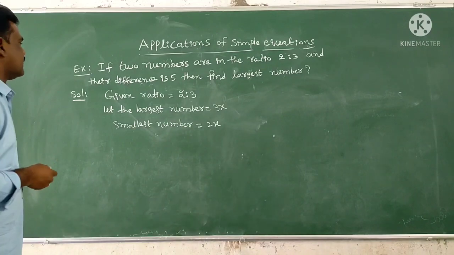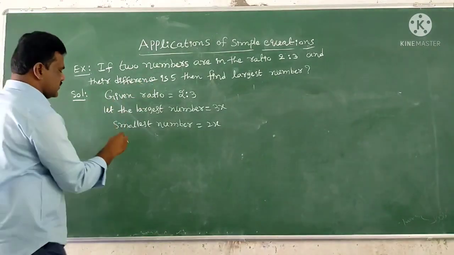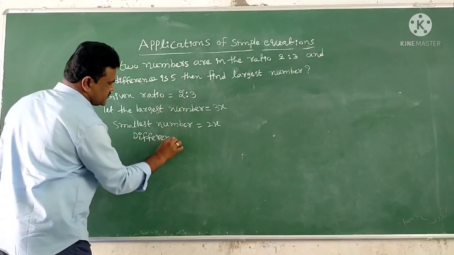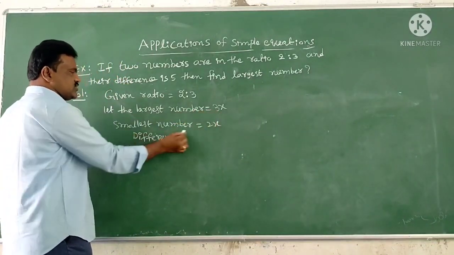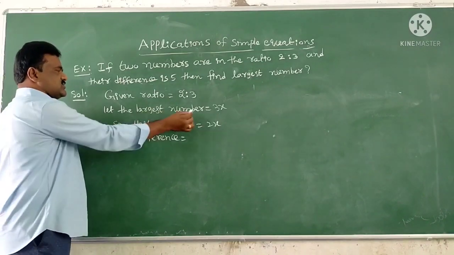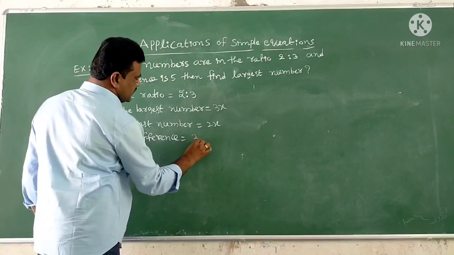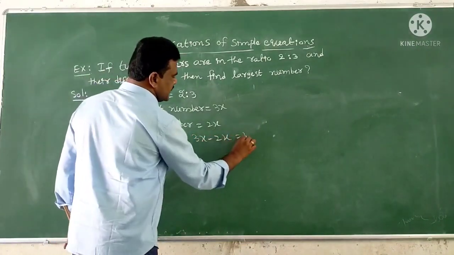Here what is given? The difference of two numbers is given. So difference is equal to largest number minus smallest number. So 3x minus 2x, we get x.